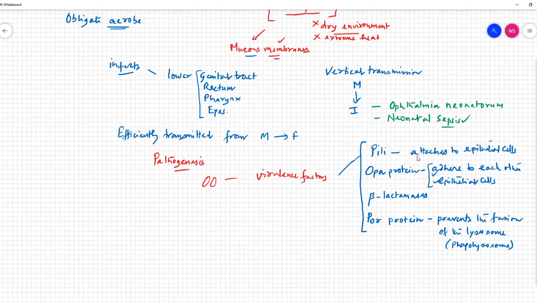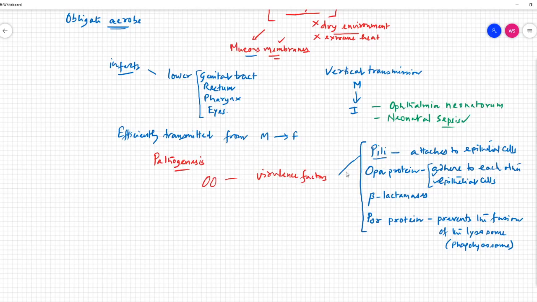One thing to mention here is that the pili undergoes changes in its antigenic structure each time that it attaches and multiplies. Therefore, we cannot make an antibody against this protein, because it changes every time that the organism multiplies.